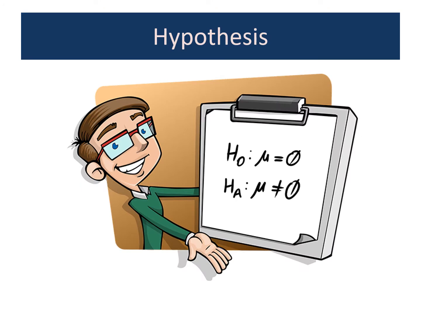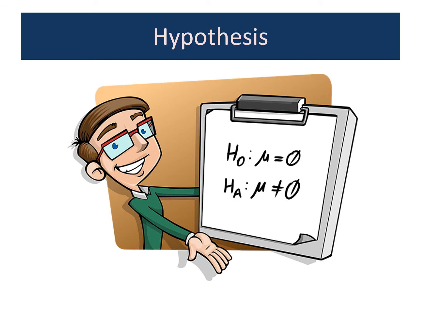Now here the hypothesis. After reading this question, you have to decide the hypothesis. And we all know there are two types of hypothesis. One is the null hypothesis that denotes there exists no significant mean difference between the two groups or two sets of scores. The other is the alternative hypothesis, which denotes there exists a significant mean difference between the two sets of scores.